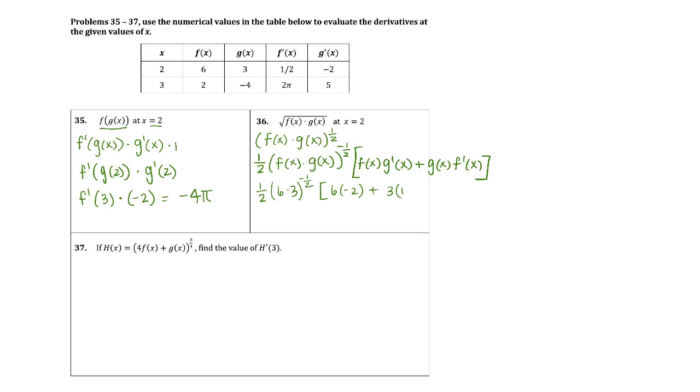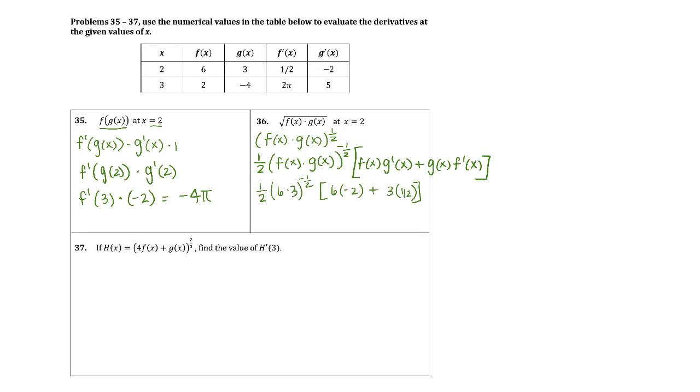Or I think there's a correction here. Let me look. Yeah, f prime at 2 is 1/2. My version was different from y'all, so 1/2. Right, and let's see. So now we're ready to try to put some of this together. However, if this was free response, don't do anything else to it. And I'm kind of not a real big fan of doing anything else to it.